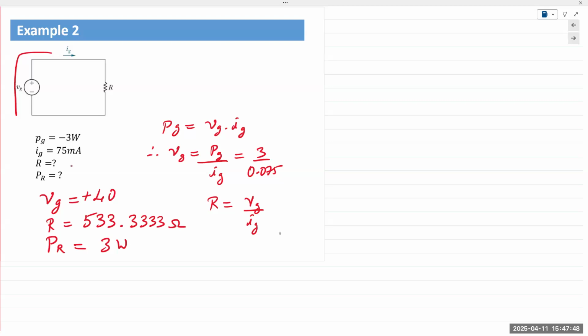And then PR finally would be, you can use I squared times R, or V squared over R, either way. Use I squared times R or V squared over R, and you should arrive at 3 watts. Okay.